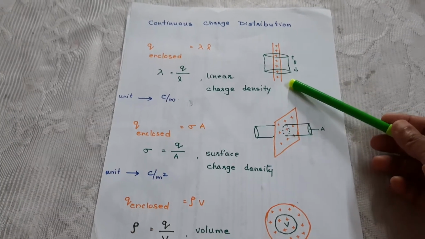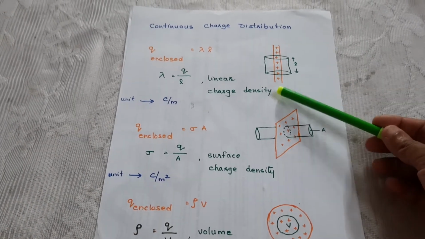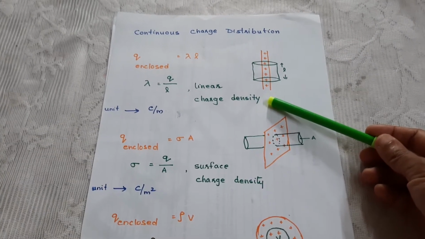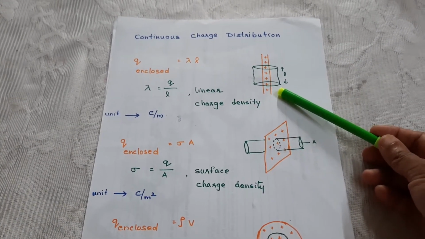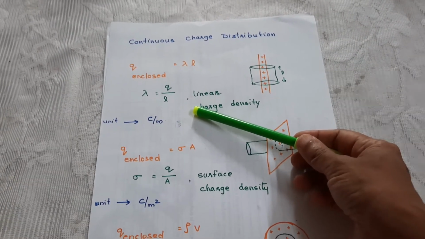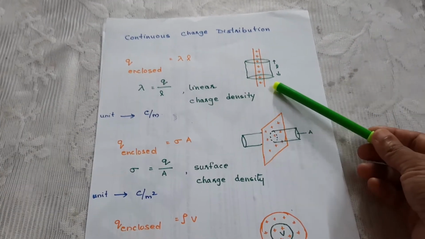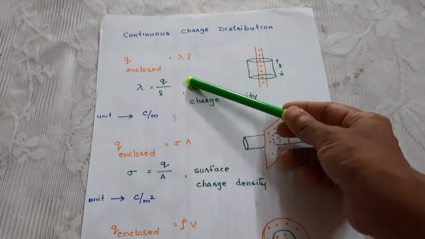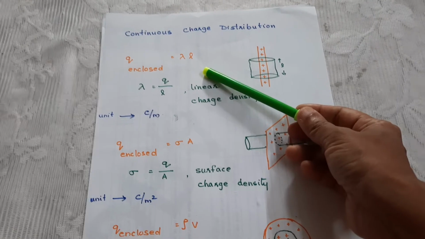For a metal wire, the linear charge density lambda is defined as charge per unit length. So the charge enclosed by the cylindrical surface is lambda into L.